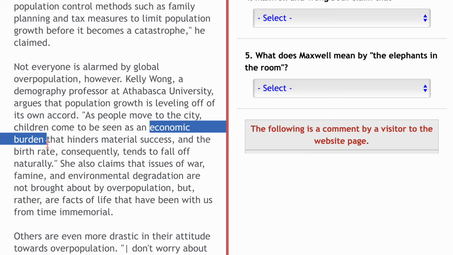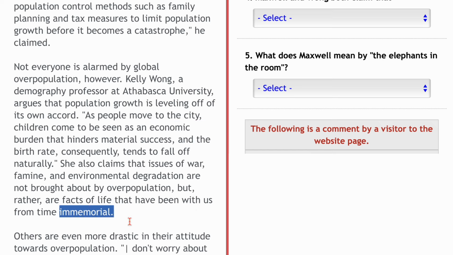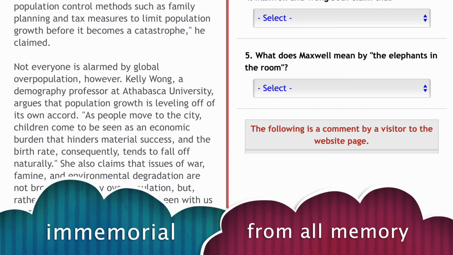Maybe not in Canada, but maybe in some countries. Okay? She also claims that the issues of war, famine, and environmental degradation are not brought about by overpopulation, but rather are facts of life that have been with us from time immemorial. So, immemorial: since memory, since the time we can remember. Okay? All right.